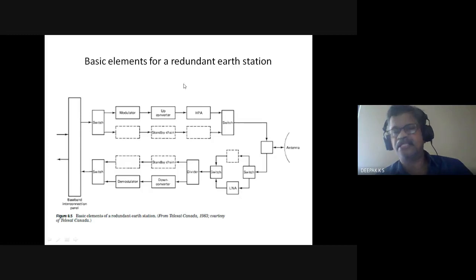So this is a redundant Earth station, which means all these dashed blocks are redundant. They are hot standby type. So these are the basic elements of a redundant Earth station. Fundamentally you have an IF, up conversion, RF, amplifier, diplexer and an antenna.